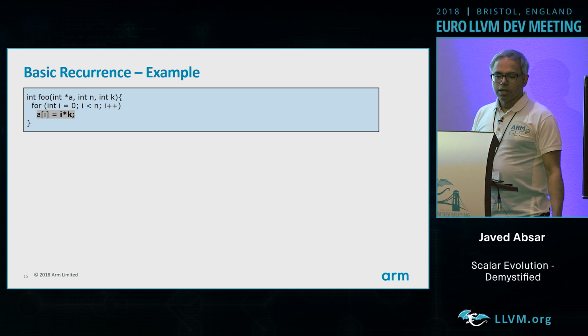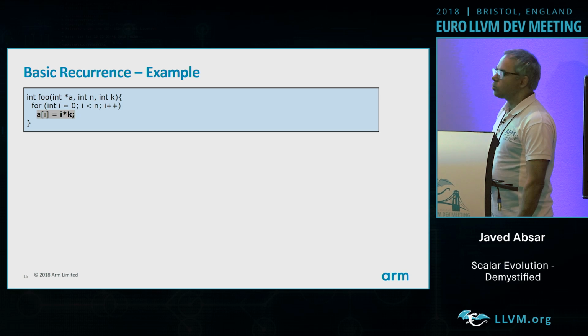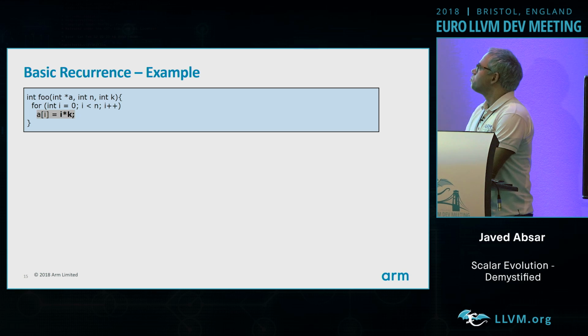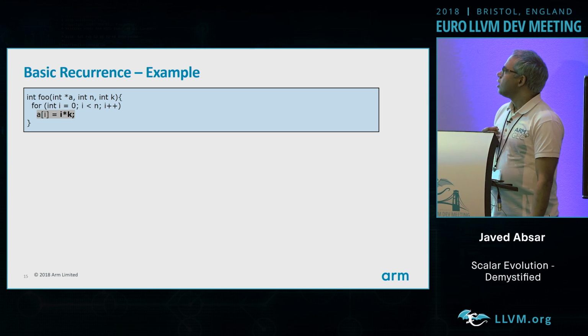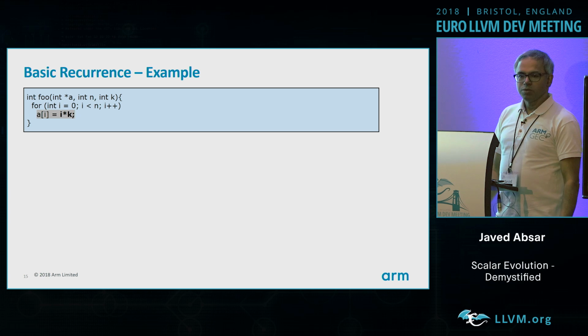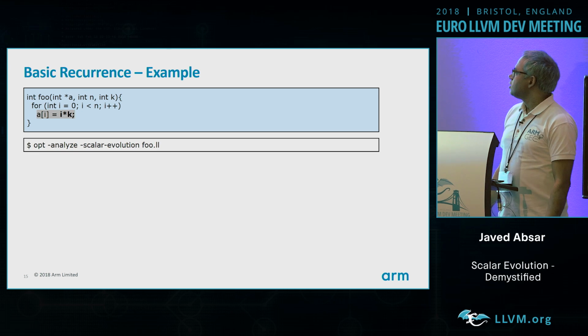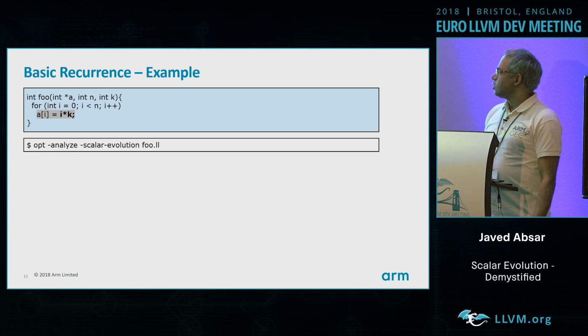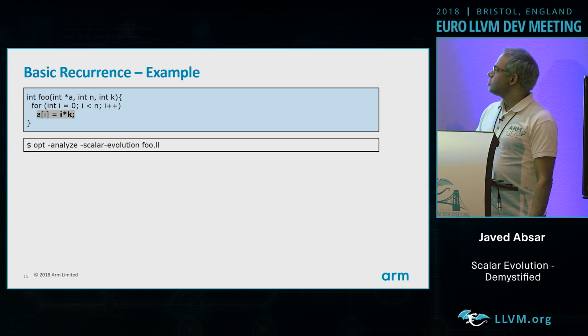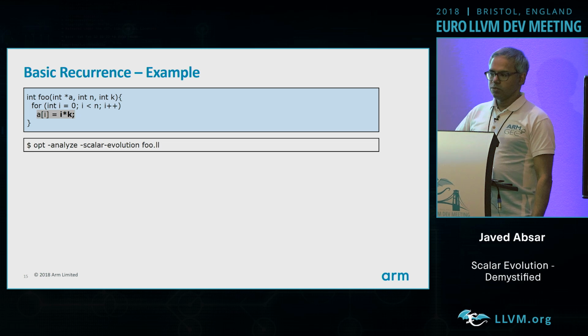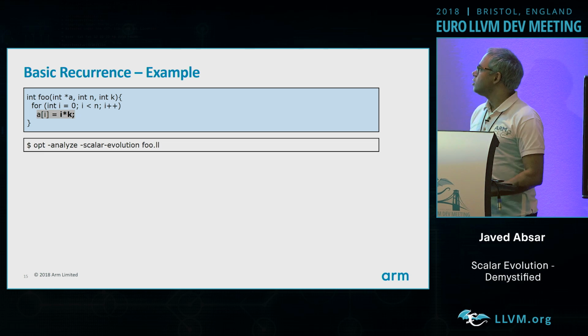Right. Let's look at the example again that we saw earlier towards the beginning. We have here the i times k expression. Let's look at what LLVM SCEV really does. We run it through opt, analyze, scalar evolution. You can run it in this way, and it will do the analysis and tell you what SCEV expression it has computed.